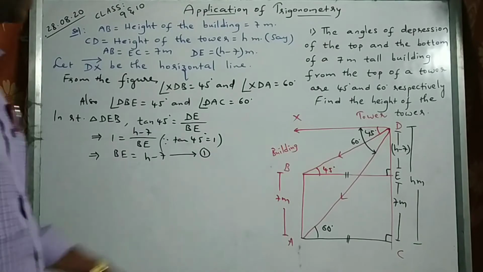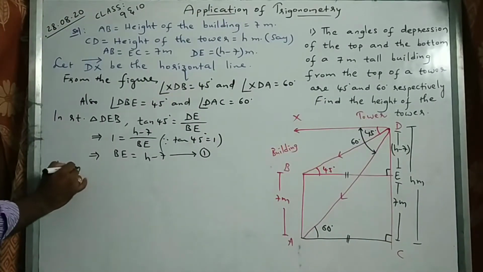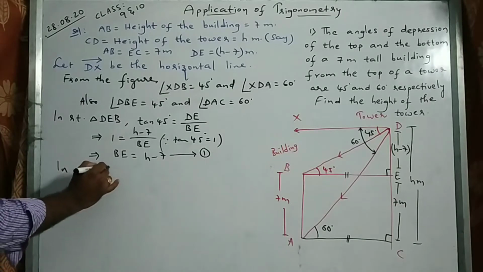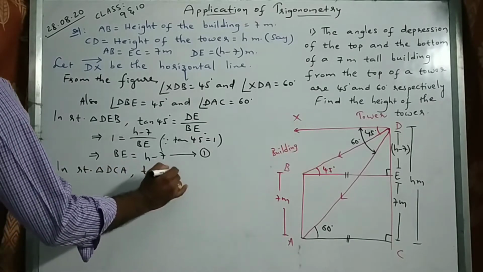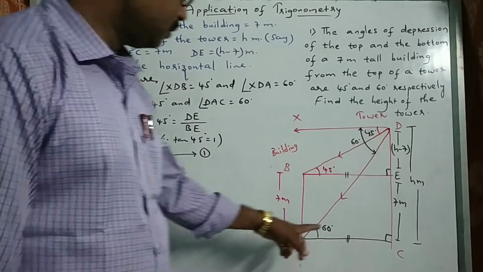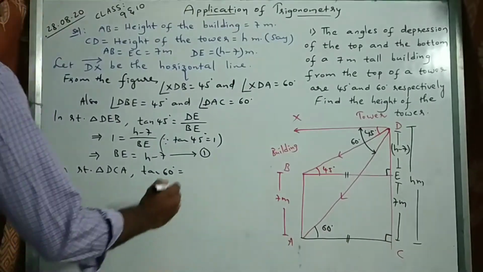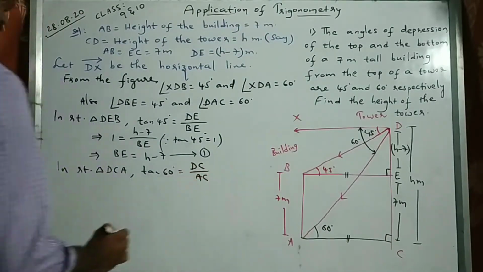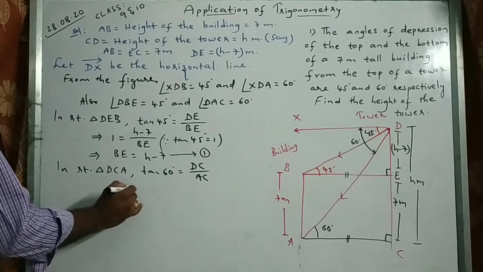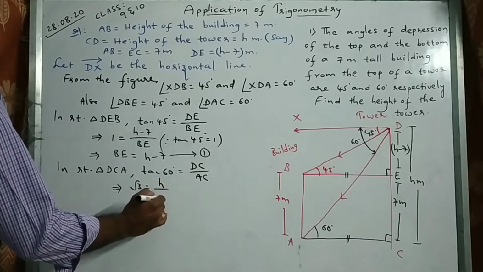Another right triangle is DCA. In right triangle DCA, take tan 60. Tan 60 degrees equal to opposite to 60 by adjacent to 60. So DC upon AC. Tan 60 degrees value root 3. DC means h by AC.